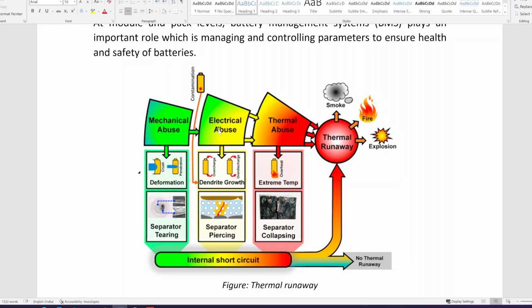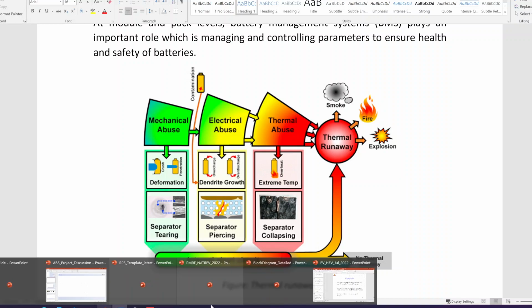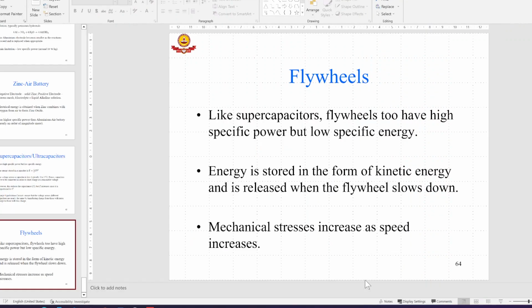Then we have electrical abuse. As we looked into the case of lead acid batteries, there was formation of sulfur oxide crystals, if I remember right? Let me quickly check that.